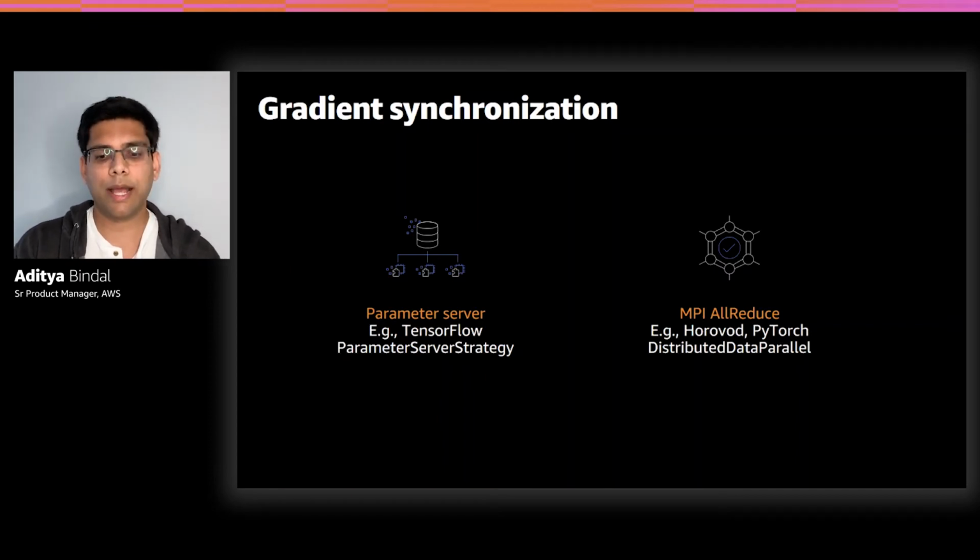TensorFlow originally had parameter servers as their design for distributed training, and the way this works is each worker node will pull the model from the parameter server, train with its mini batch, and then push a new version of the model back up. Each worker node will do this. The parameter server or the set of parameter servers will then average out the gradients across all the workers and then make a new updated model available.